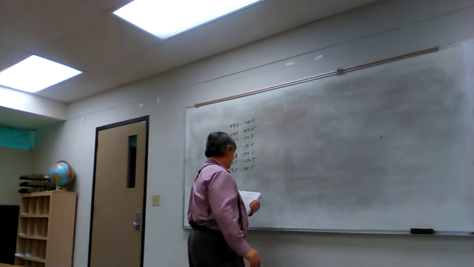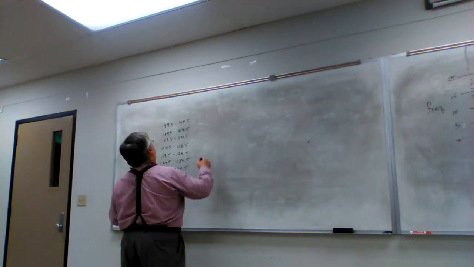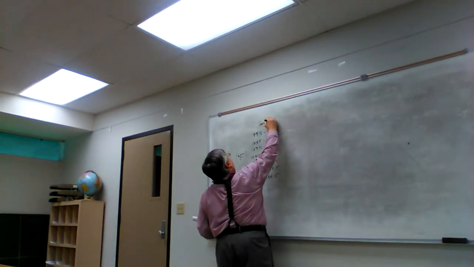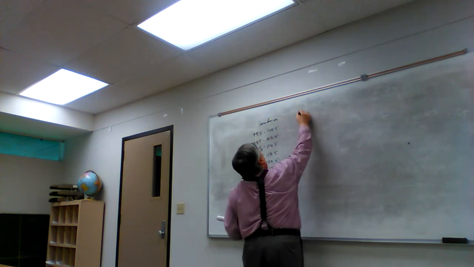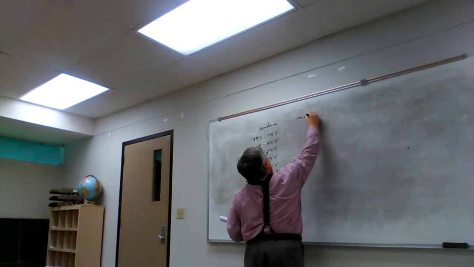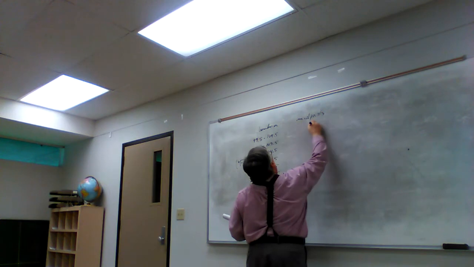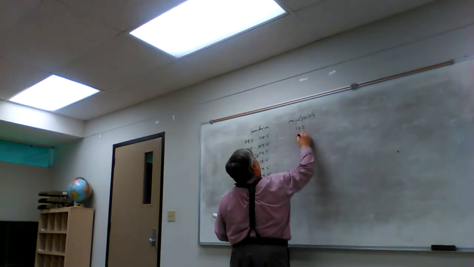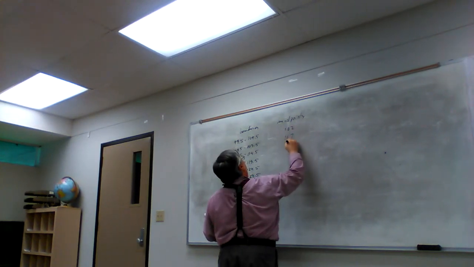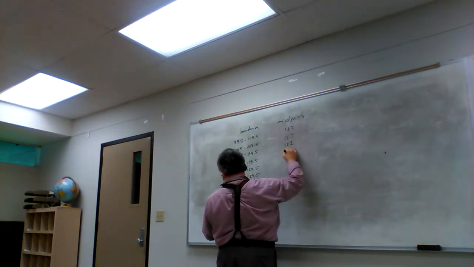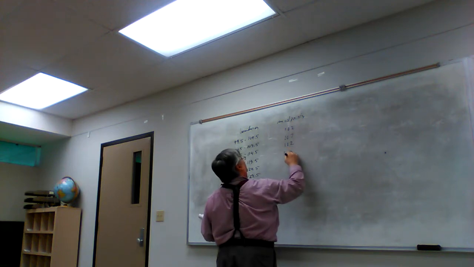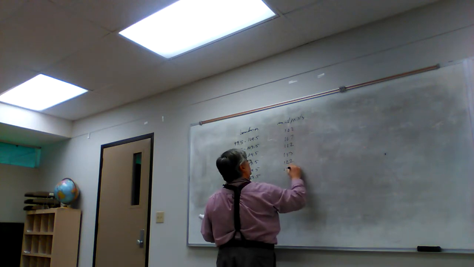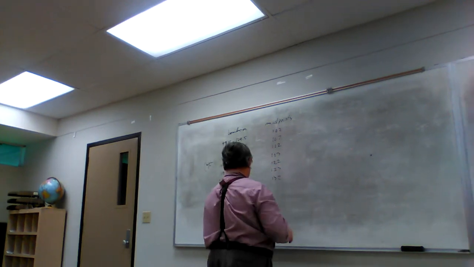Degrees Fahrenheit. Now, in the first one, okay, these are our boundaries. We've got midpoints of 102, 107, 112, 117, 122, 127, and 132.